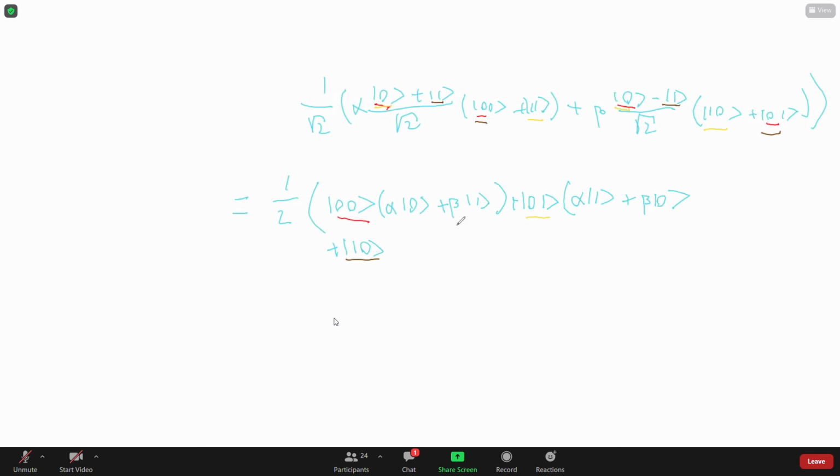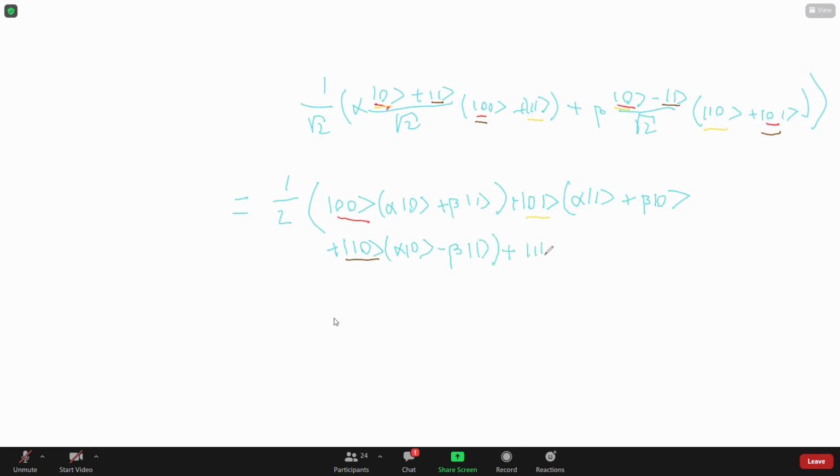So if we continue that state and combine, we see that now we get alpha. Here the last qubit is 0, so |0>. And here we have the minus in front, so we get minus beta |1>.